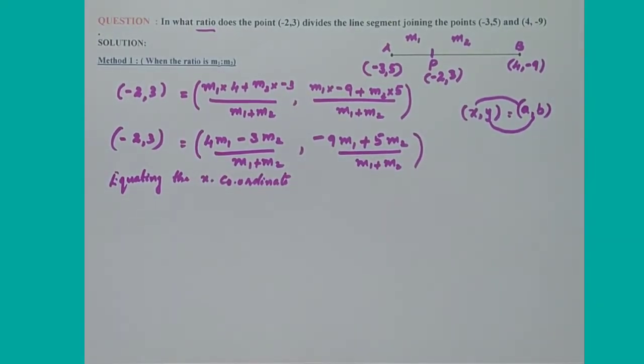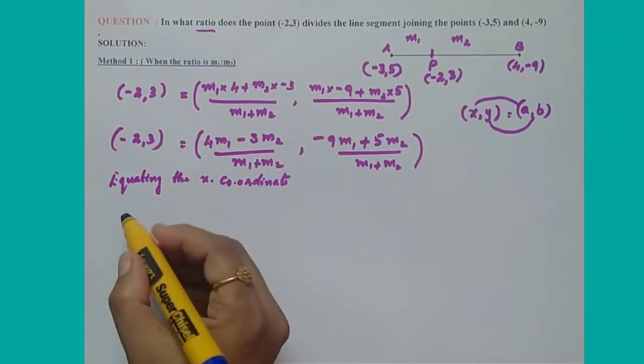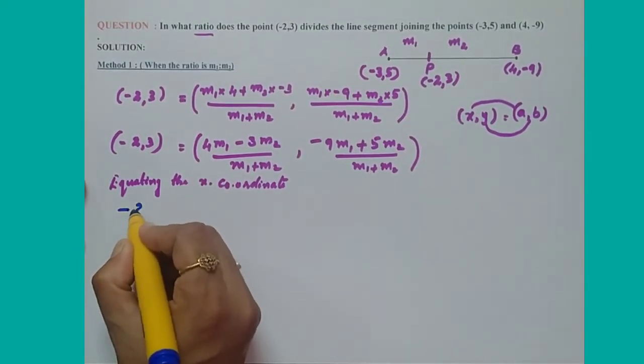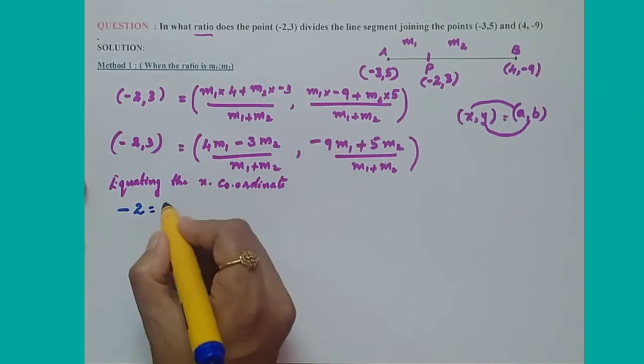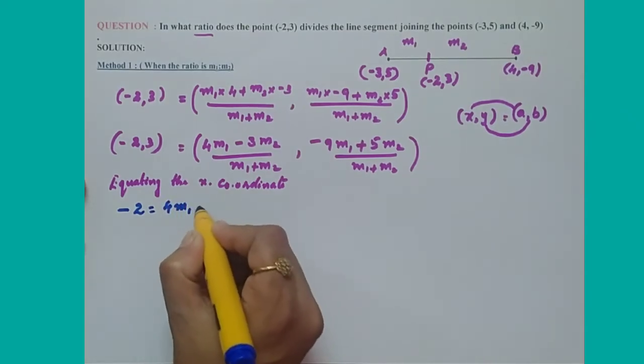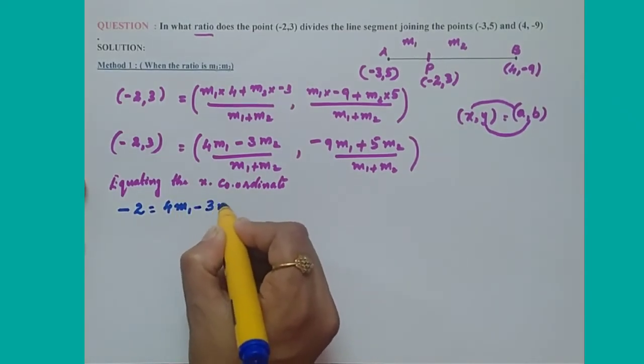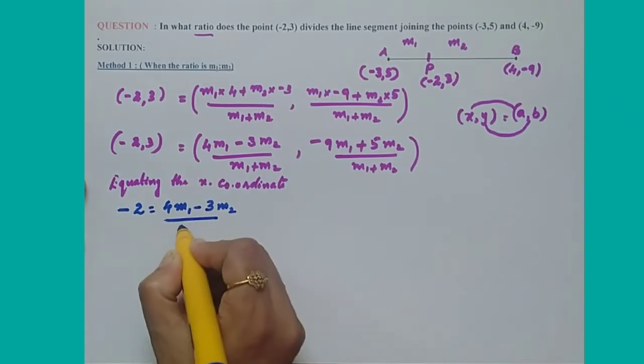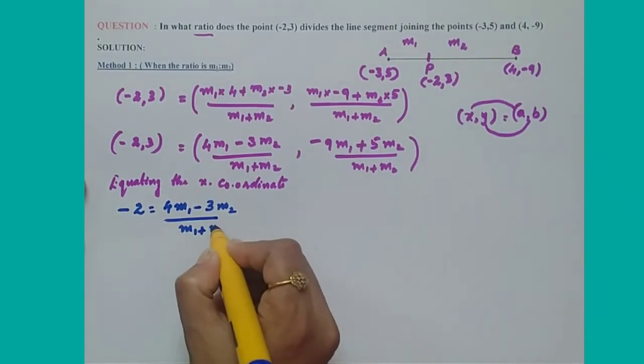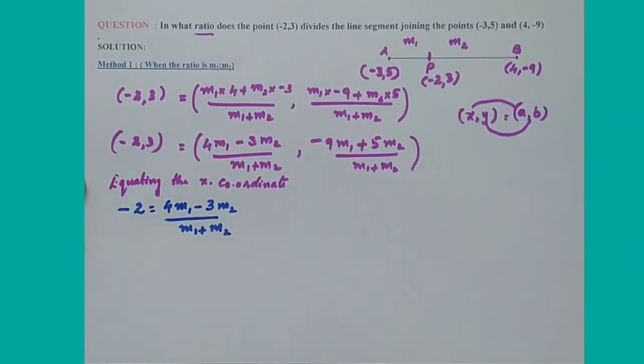Equating the x coordinate, what happens? -2 is the x coordinate on the left side, that is -2 equal to the x coordinate on the right side, (4m1 - 3m2) divided by (m1 + m2). Next step is cross multiplication.